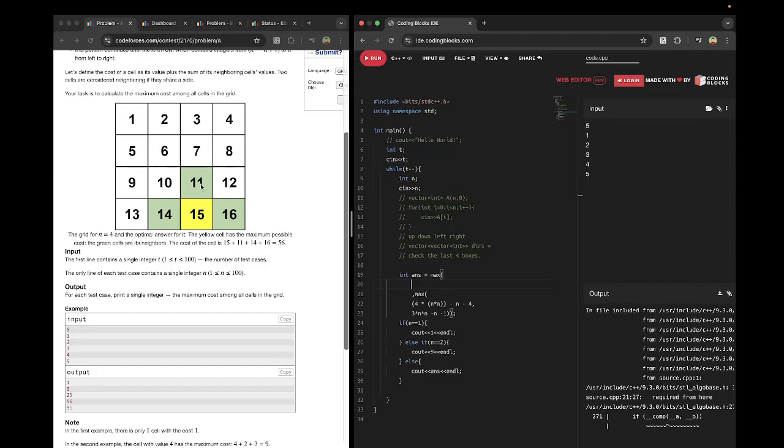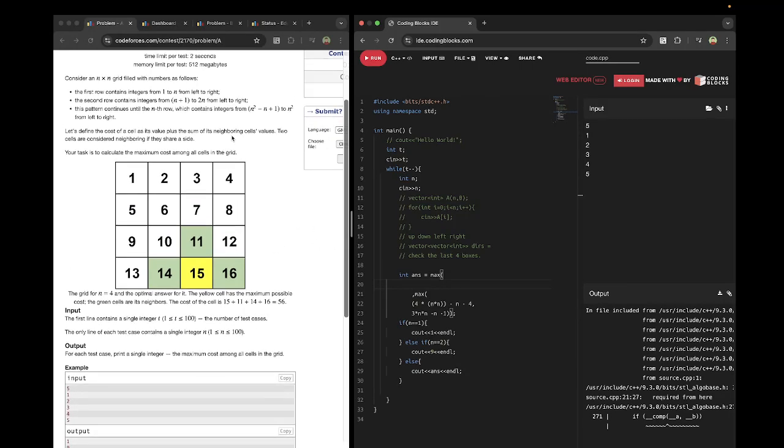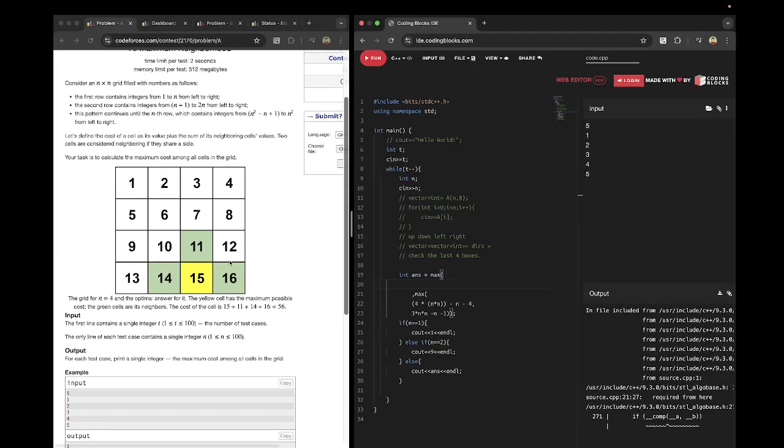Okay, for this one the answer would be n square minus n minus 1, right? n square minus n minus 1, plus n square, this one minus 1, plus n square minus n, this one, right?